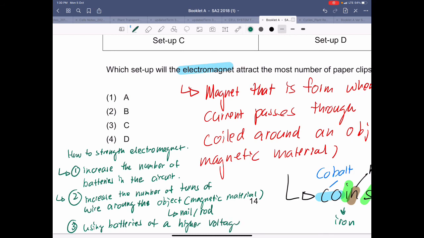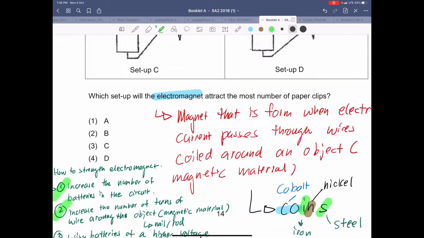So altogether, there are 3 ways. The most common ways that you're familiar with will be methods 1 and 2. So they want an electromagnet that attracts the most number, so of course you're looking for an electromagnet of the greatest strength.